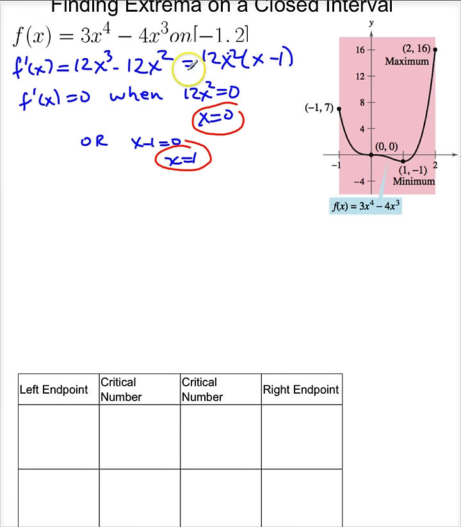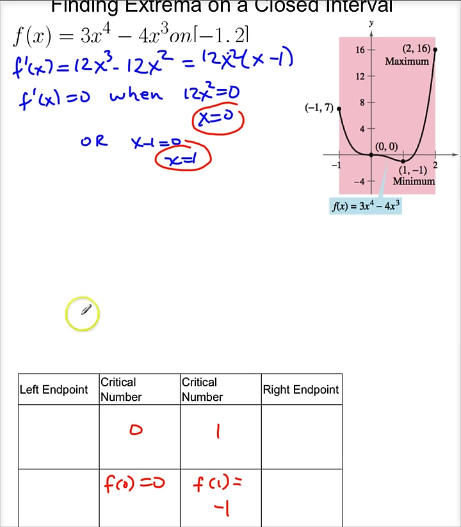I'm going to write these down here. One critical number is 0, one critical number is 1. So now I need to evaluate my function at these critical numbers. Now, f of 0 is 0, and f of 1 is negative 1.